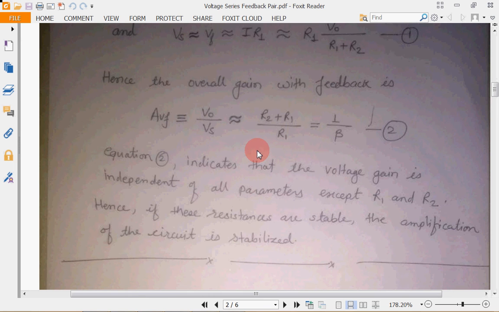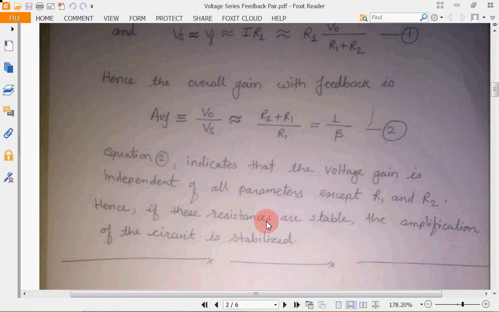Equation number 2 indicates that the voltage gain is independent of all parameters except R1 and R2. You can see this is the voltage gain with feedback, approximately R2 plus R1 divided by R1. So it is not dependent on other parameters such as the parameters of the transistors. It is only dependent on the voltage divider resistors R2 and R1, right?